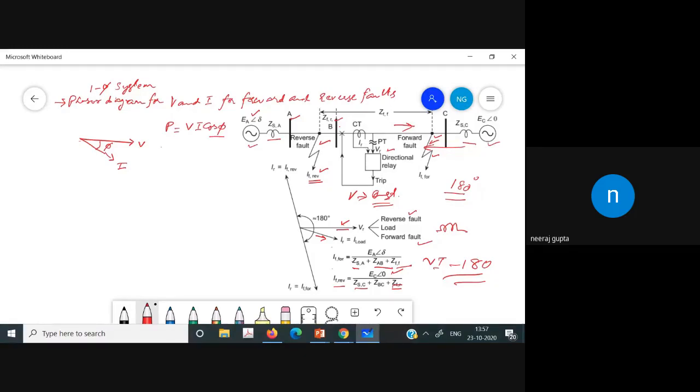Now, if you take the case of the power, let us suppose that P is the power, then it is the voltage times current times cos phi.